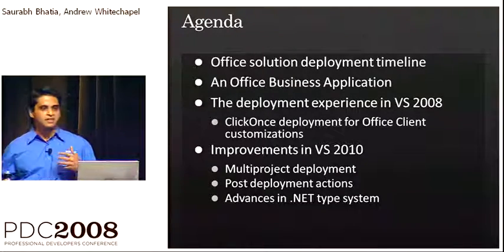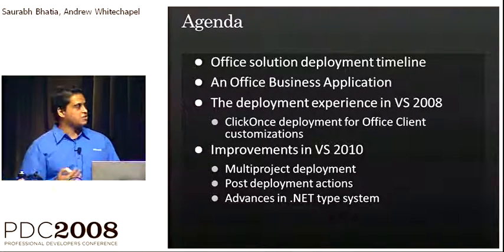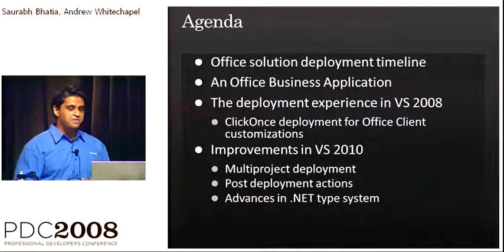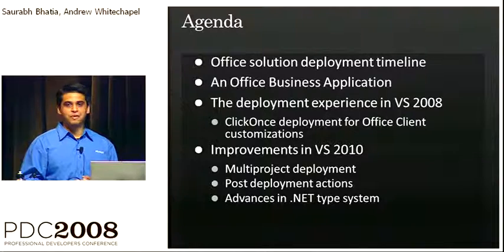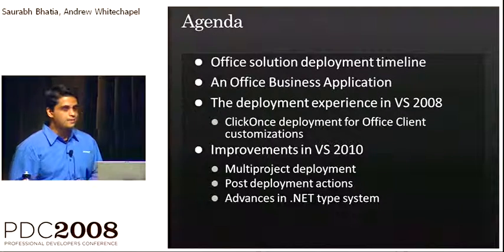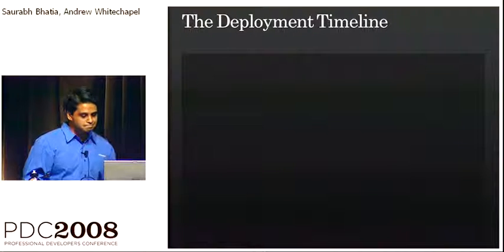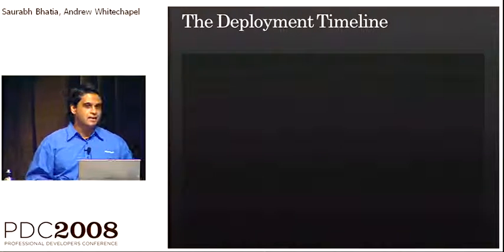And then we kind of get into the meat of the session where we look at 3 new features that will improve the deployment of that same Office business application by mitigating some of the pain points that exist even today.